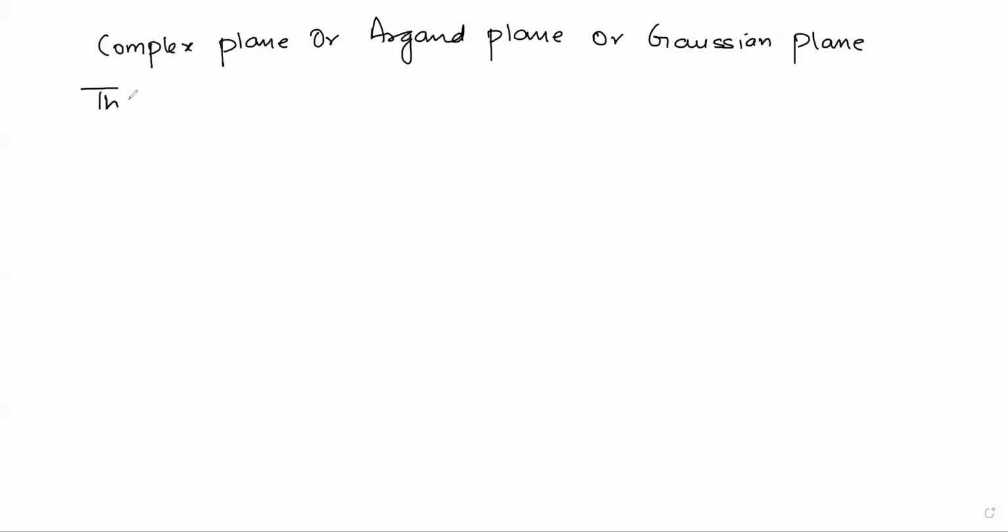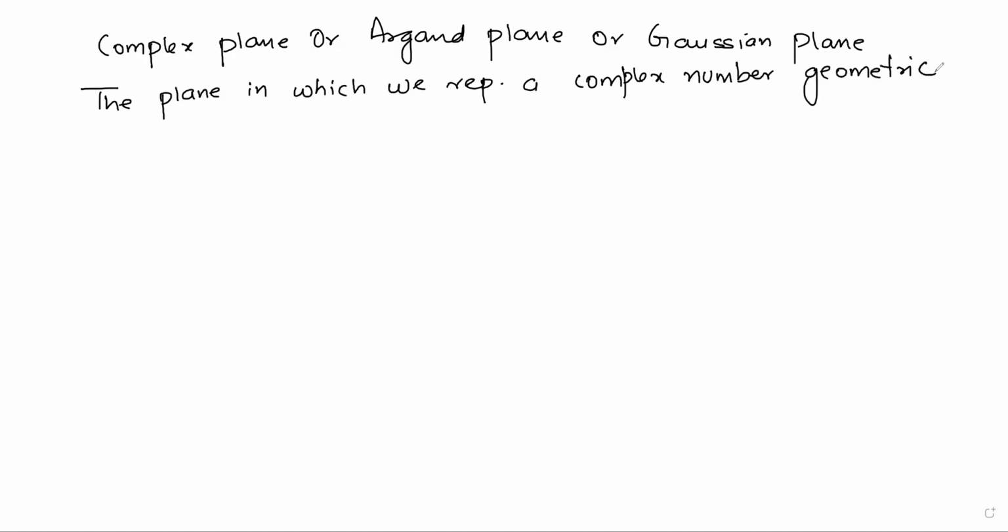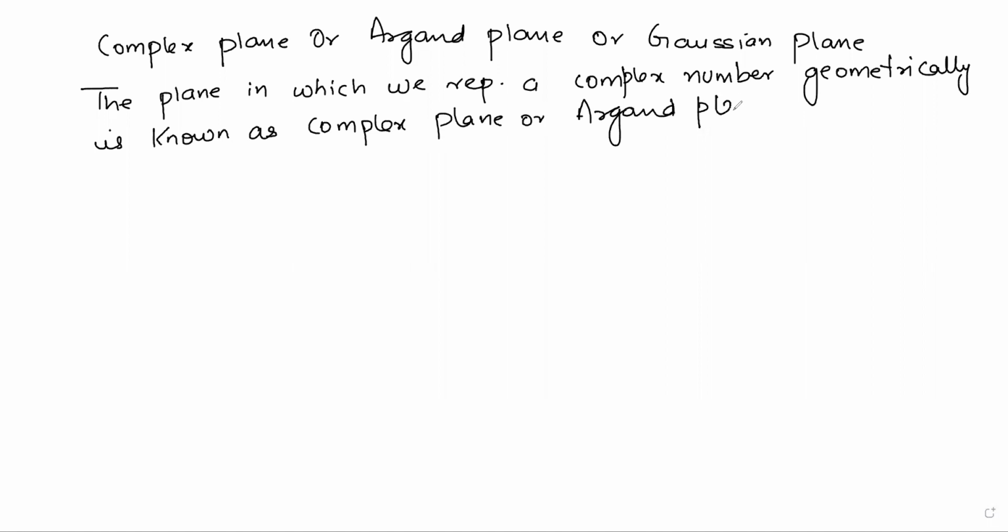Okay, so what is this? The plane in which we represent a complex number geometrically is known as the complex plane, or Argand plane, or Gaussian plane.